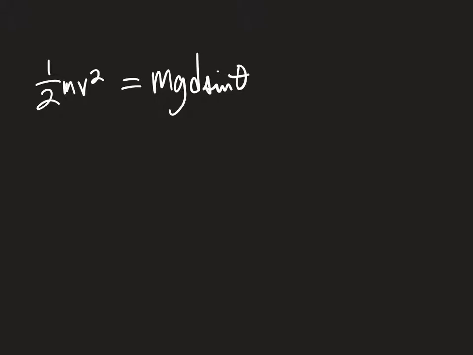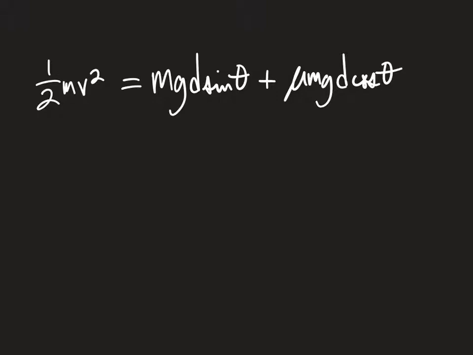So this problem, you go from 1/2 mv squared in the initial state. mgd sine theta is the gravitational part. Mu mg cosine theta is the friction part.